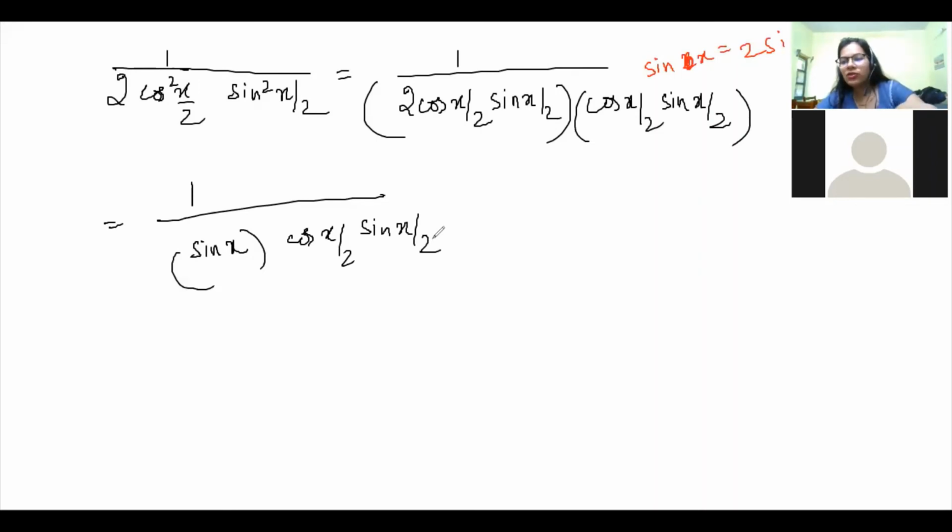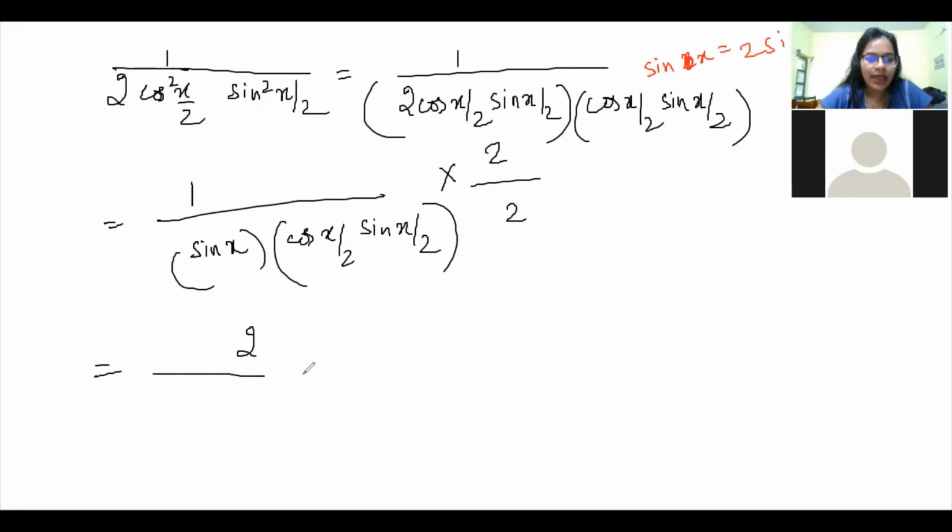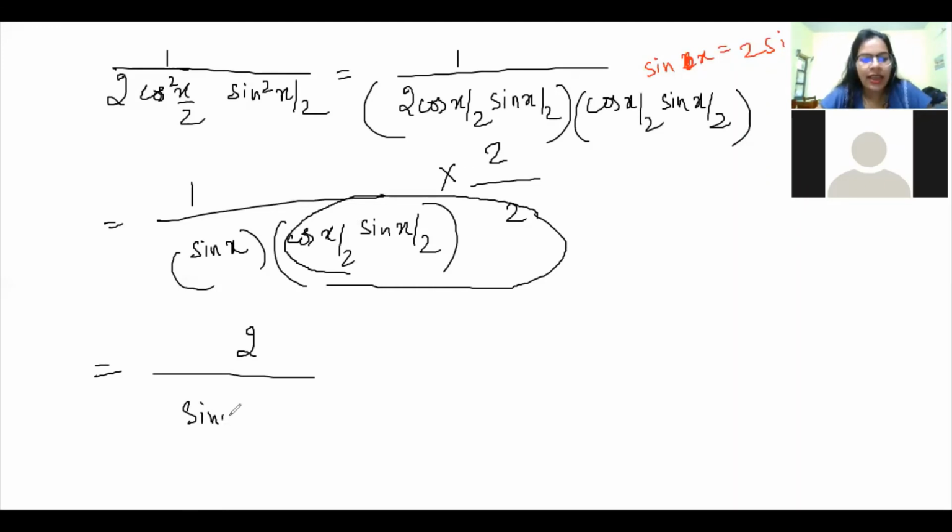So this is similar to the first one. So what will I do? I'll just multiply both numerator and denominator with 2. So similarly, I'll get 2 by, so this portion will also become sin x. So now I have sin x into sin x. Hence my answer is 2 by sin square x, or this can be written as 2 cosec square x.